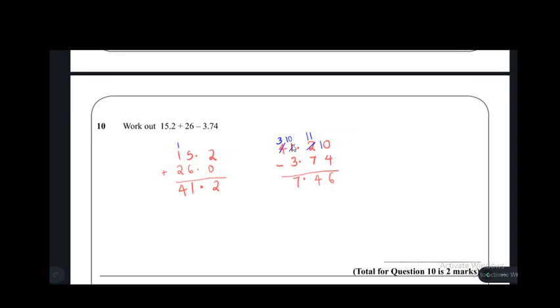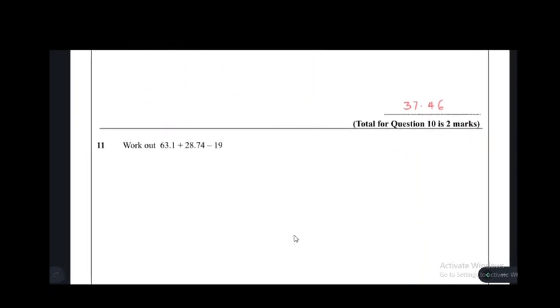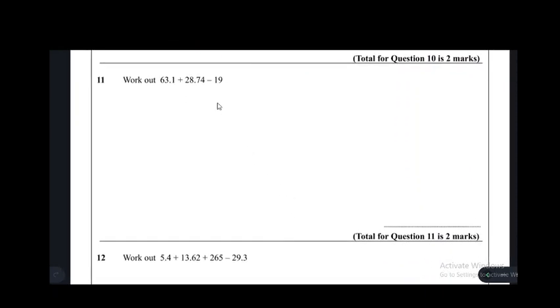So 7 right there, and then 3 take away nothing is just a 3. So our answer will be written as 37.46. Is this not so much fun? Oh my goodness, it's so easy. So pause this video and try to solve this one. Remember, you have to order your numbers in column form.